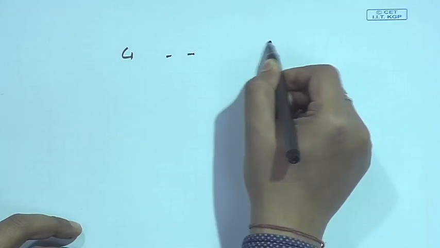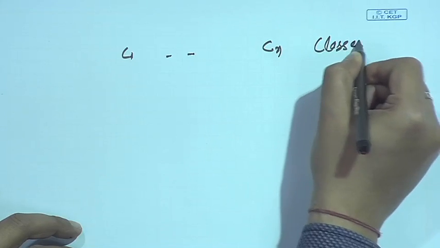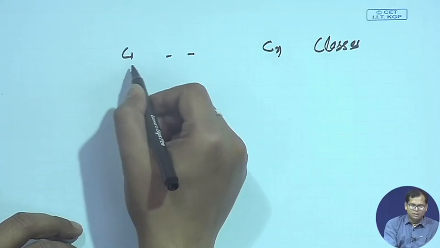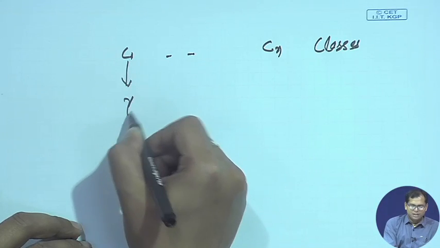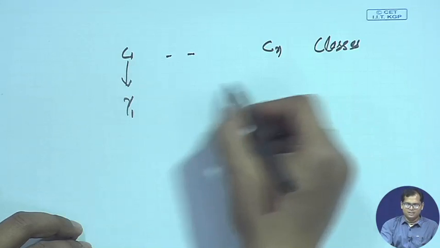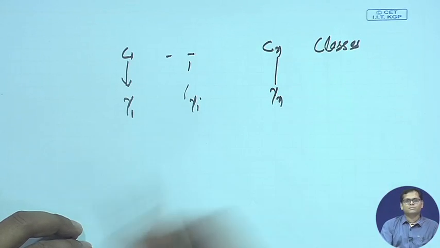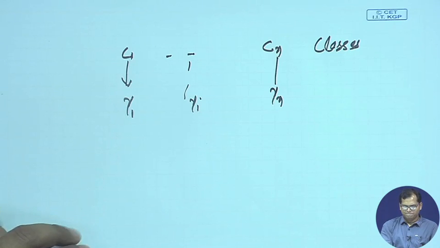So what we are saying, suppose you have C1 to Cn, n classes. What you will do is take one class and build a binary classifier gamma 1. The document belongs to this class or does not belong to this class. Gamma i, gamma n. So n different classifiers.